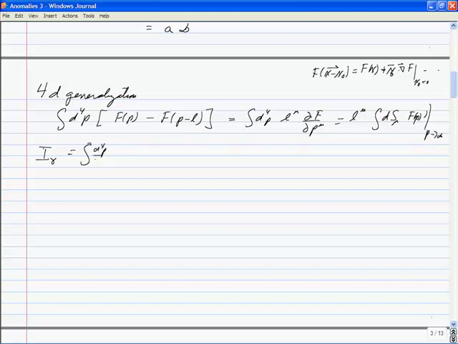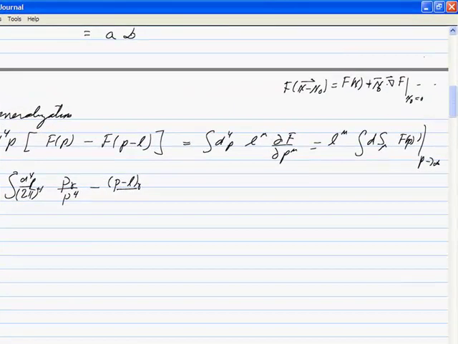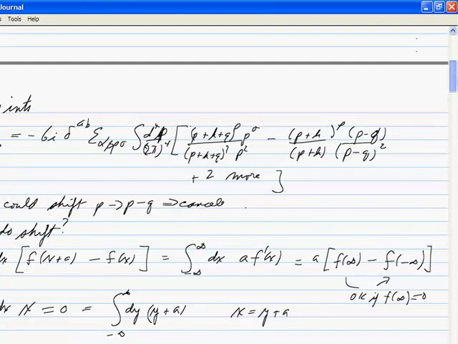There's some integral d4p over 2 pi to the 4th of p gamma over p to the 4th minus p minus l gamma over p minus l to the 4th. So if we were to try to do the shift out at large momentum, we're not going to worry about the k.